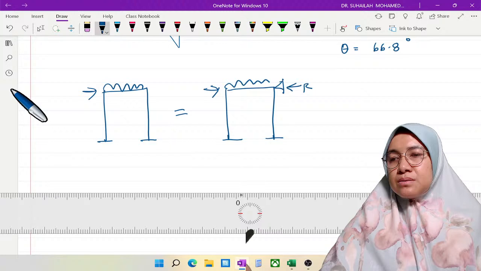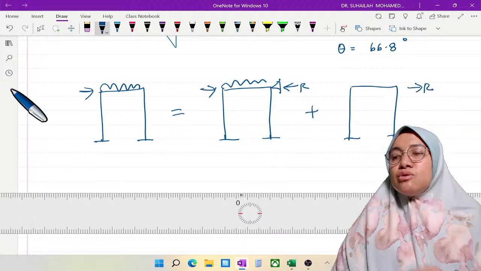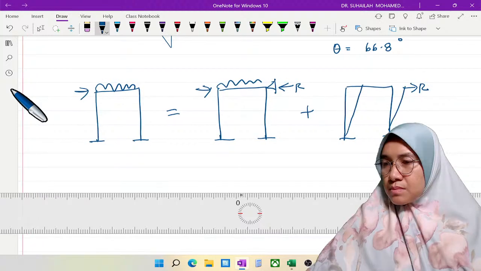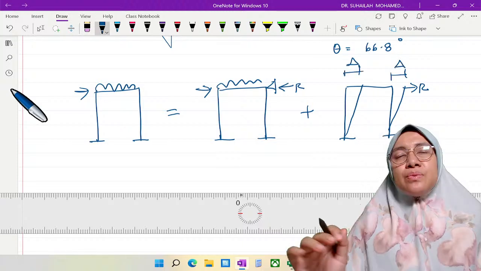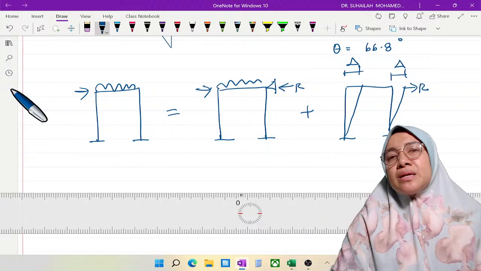This is R, and this is delta. But this delta, we do not know the value, and we cannot assume it. Then we also cannot assume FEM.